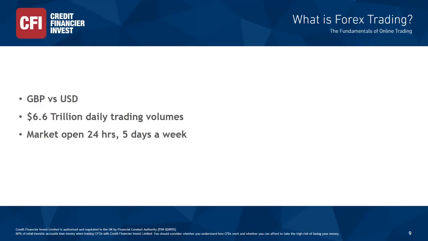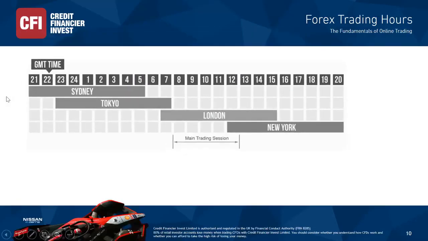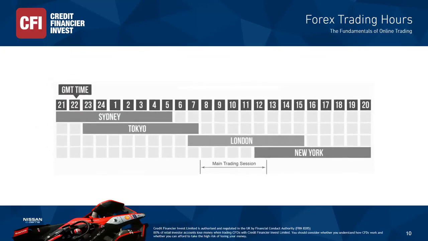The way the Forex market works with the trading hours is that it starts with the Asian market, pretty much when Tokyo and Sydney open. That is usually 10 p.m. London time or 5 p.m. New York time, and that is when the market opens.